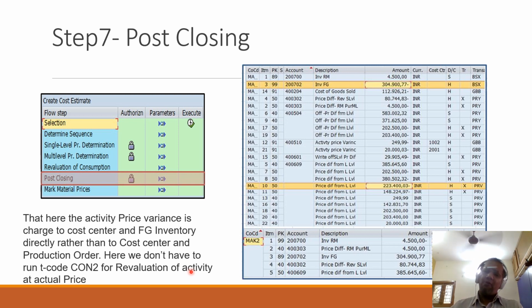If the system has already posted to the finished goods inventory, we don't want to do this activity to the cost center to reflect the price changes. Otherwise, when there are any changes in the prices, we want to reflect that, the revaluation of the prices.